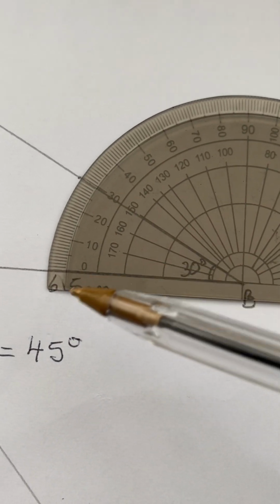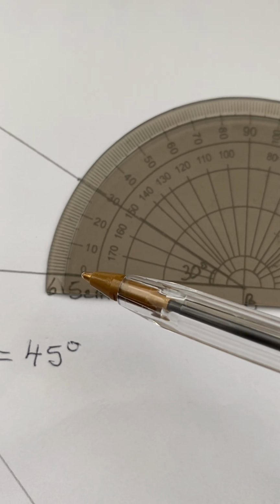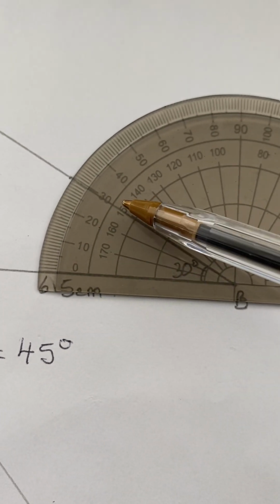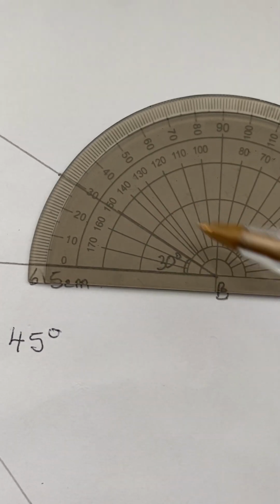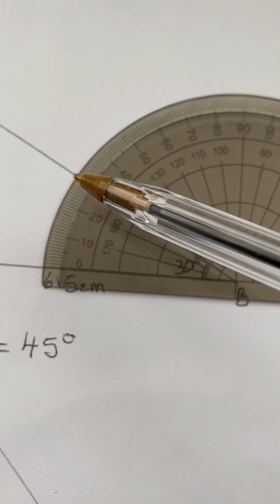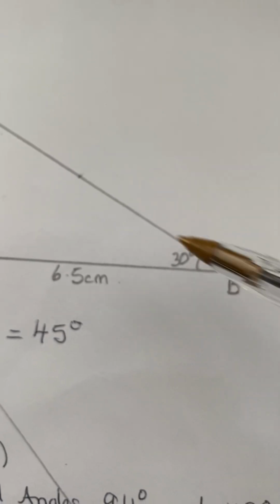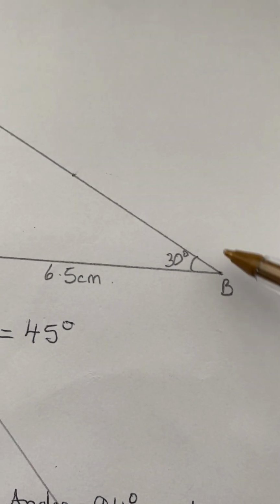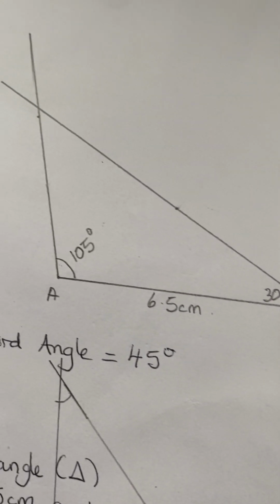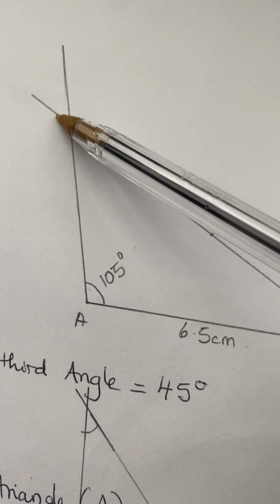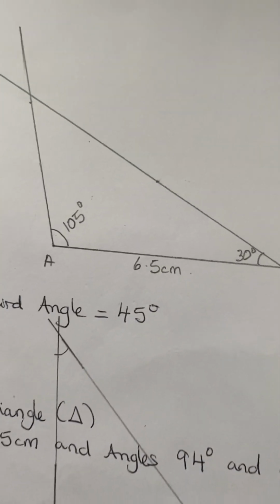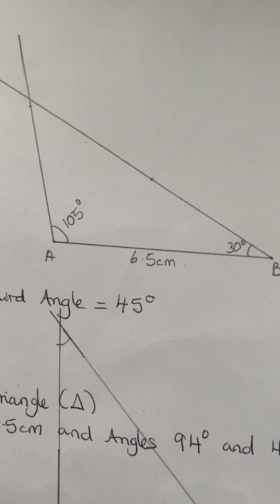So your 30 degrees should start from here, and that will be 30. You put the mark there, which you can see I did, and then you connect this line with a ruler from B straight to cut the line. So that is your triangle there.